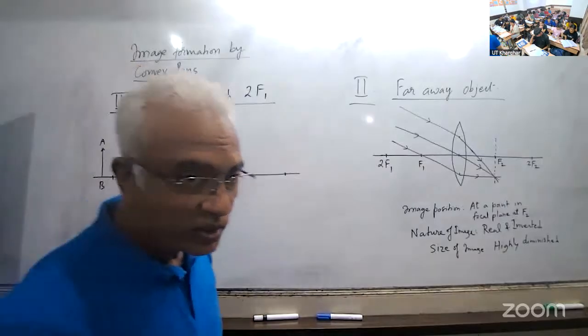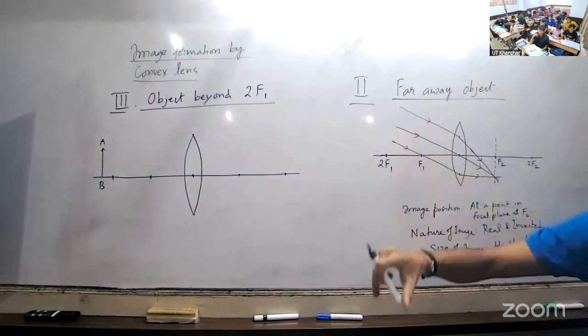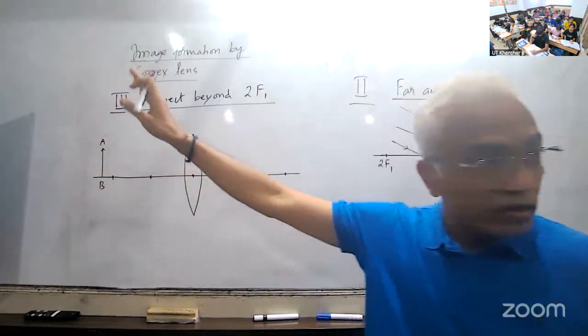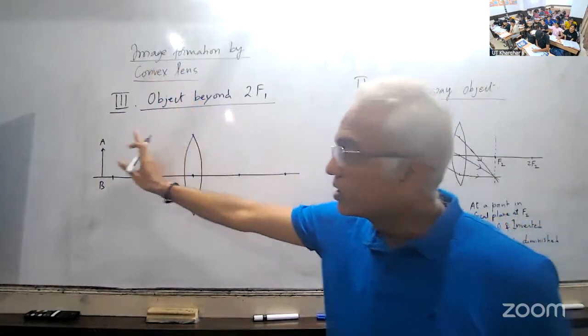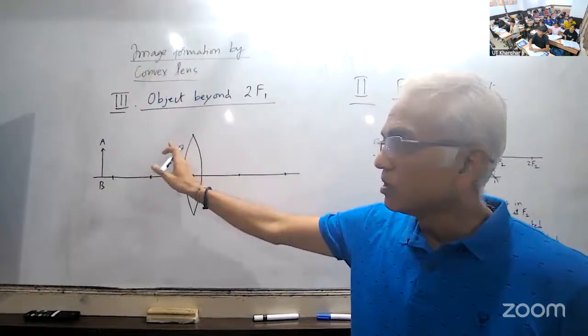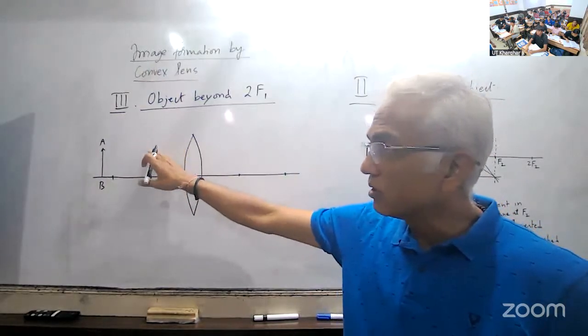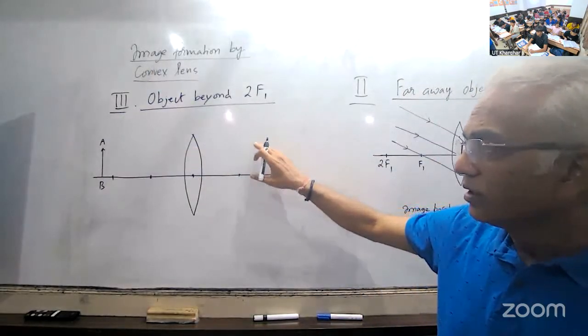We have named the object AB. Where is the object kept? Beyond 2f1 and above the principal axis. This side of the lens, which is facing the object, is called the front side. This side of the lens is the front of the lens. This side is behind, right?